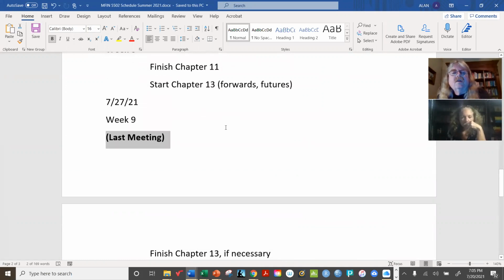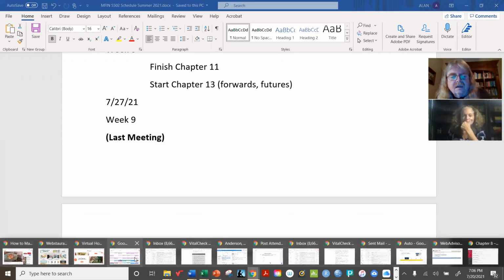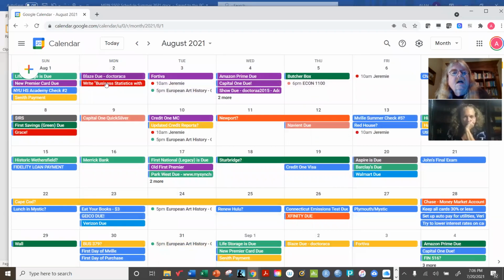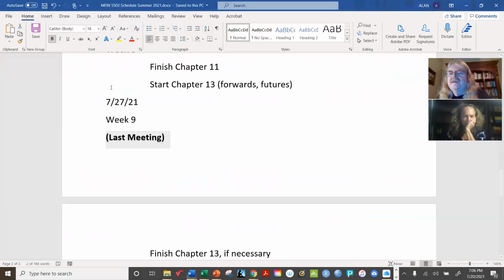So here's what I think we're going to have to do. If our last night is the 27th, which is a Tuesday, they normally give us 3 business days to have all the grades ready, which would make it the following Monday, the 2nd of August.